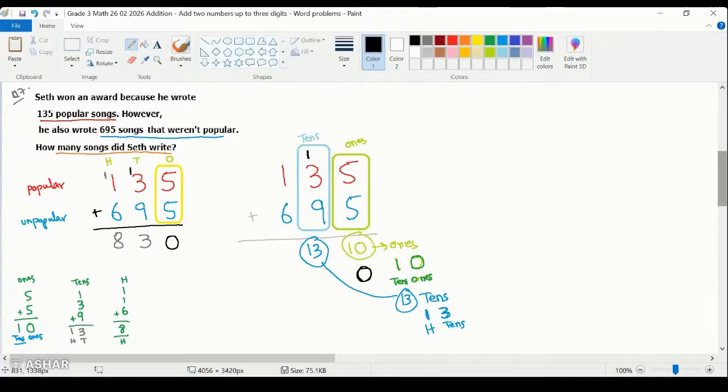So we write 3 under the tens and we take 1 to the hundreds. For the next set of values, how many hundreds do we have? We had 1 plus 1 is 2 and 2 plus 6 is 8.